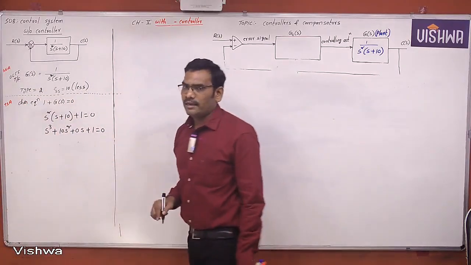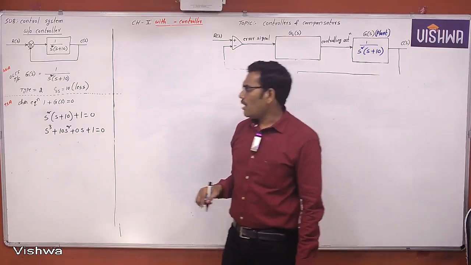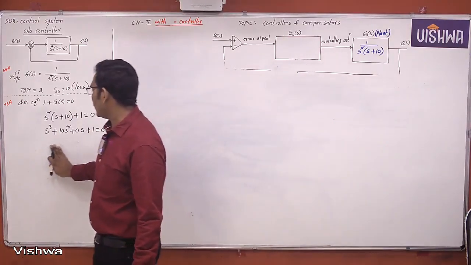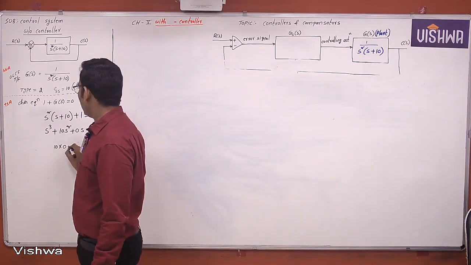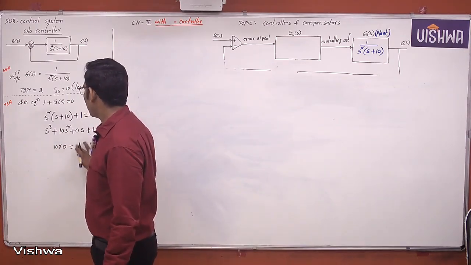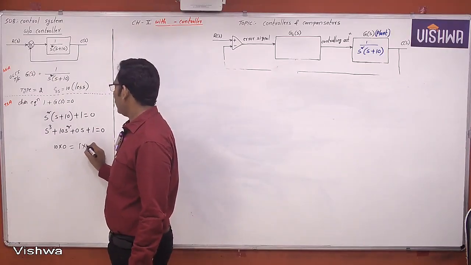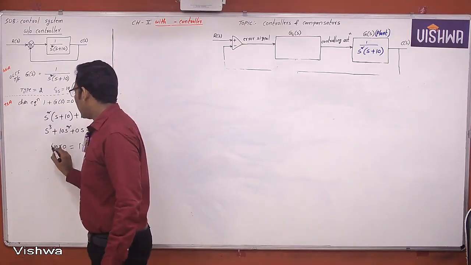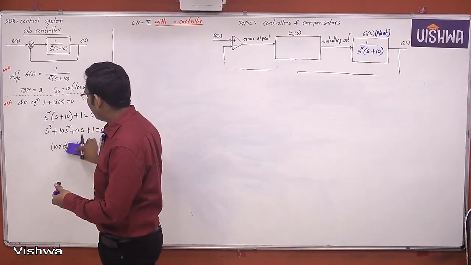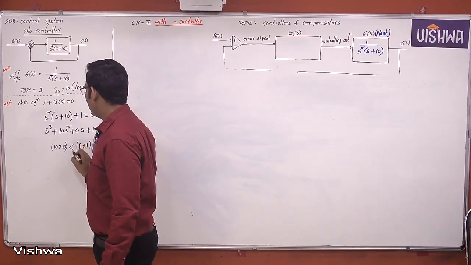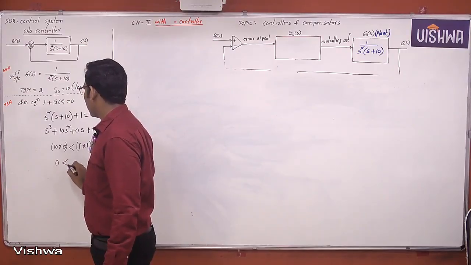Now you already know that this is a characteristic equation of order 3 and one term is missing. So what is the internal quotient product? 10 into 0, which is to be compared with the external quotient product. What is the external quotient product? 1 into 1. So the internal quotient product is 0, and the external quotient product is 1.